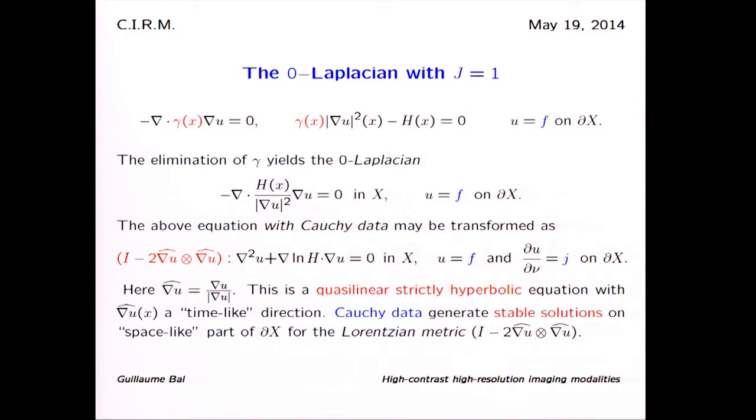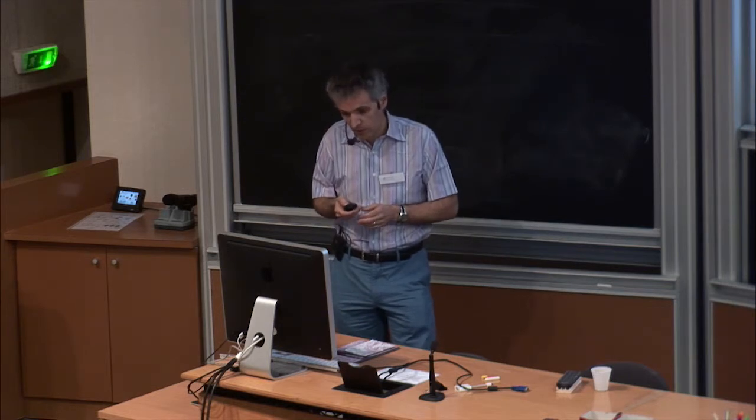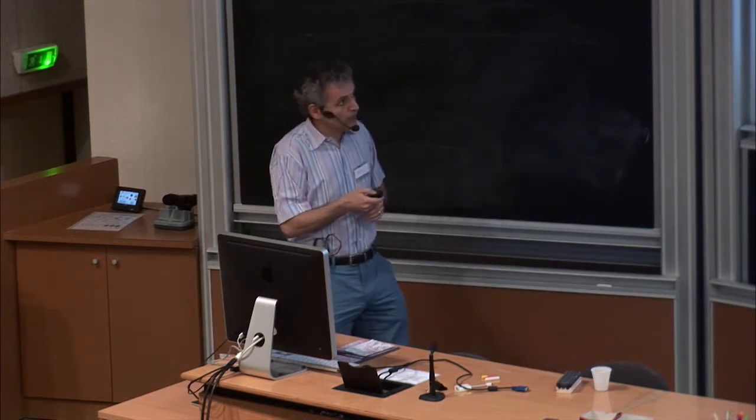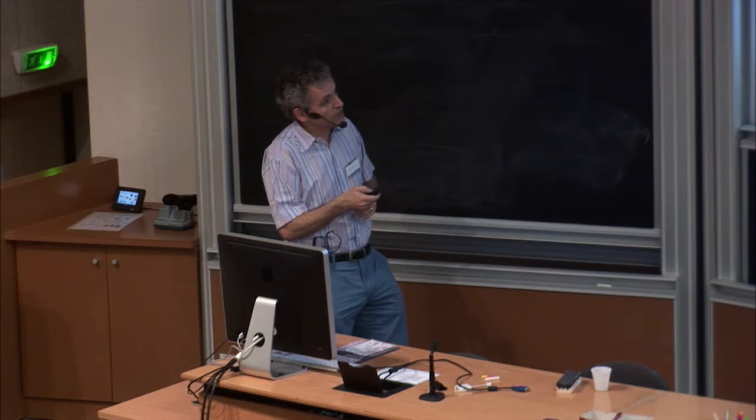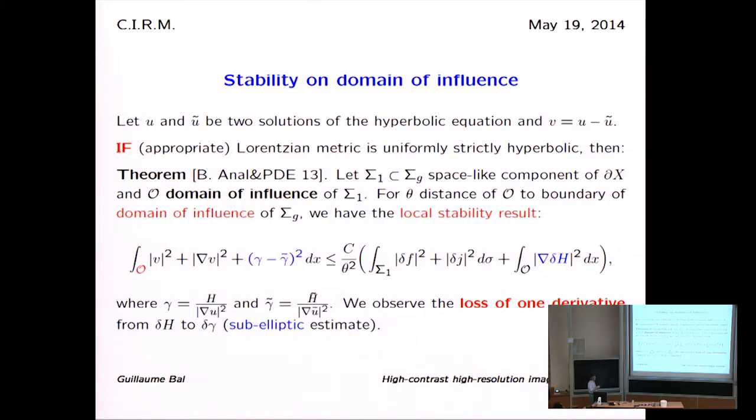So provided that gradient u does not vanish, then we can prove that this equation is a hyperbolic equation. I will briefly go through the theory of that equation, but the main result is that we can reconstruct gamma uniquely on a part of the domain, and we are losing one derivative during the reconstruction.